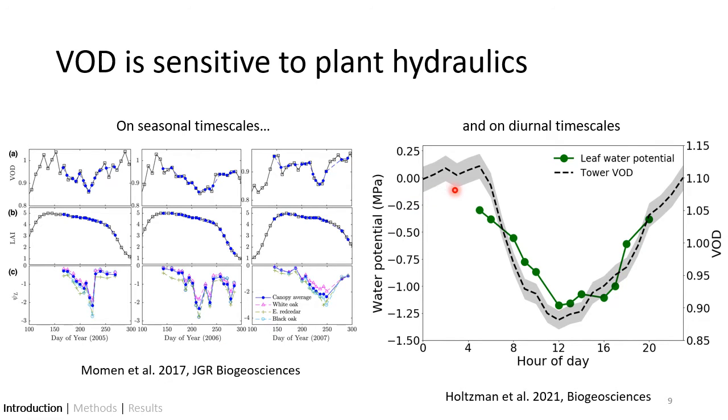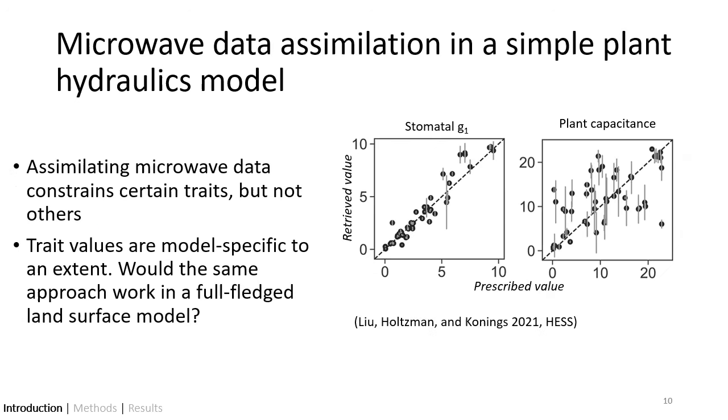We can also see these parallel responses of VOD and plant water potential on the scale of within a day. So now that we've shown that microwave remote sensing data is linked to vegetation water status, can we use that data as a constraint on plant hydraulic traits in a model?